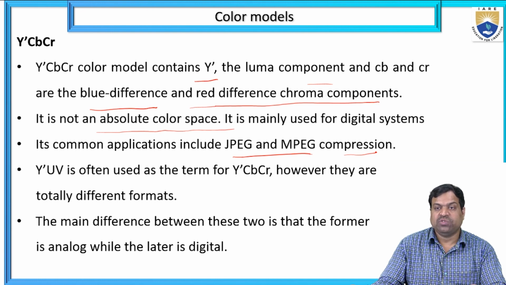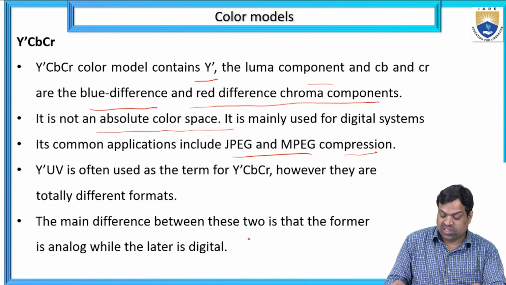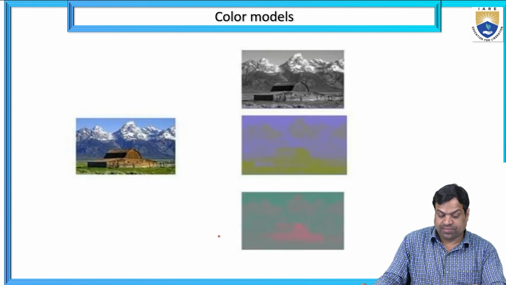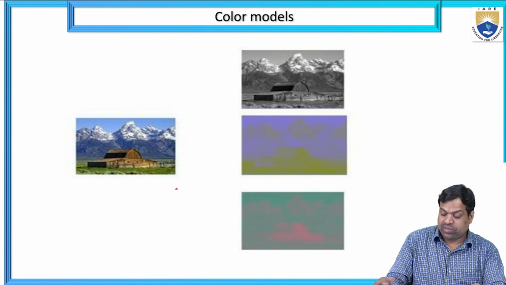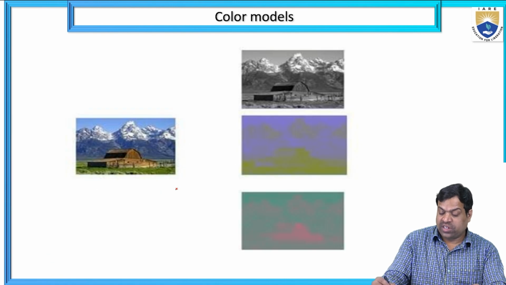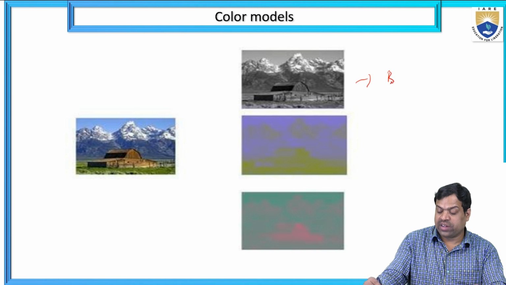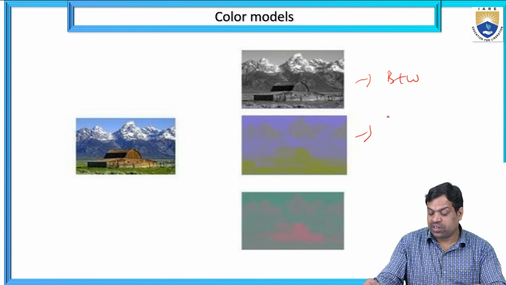The main difference between these two is that the former is analog, while the latter is digital. Okay, it is analog versus digital. It is one example of YCbCr. It is a combination of black and white.